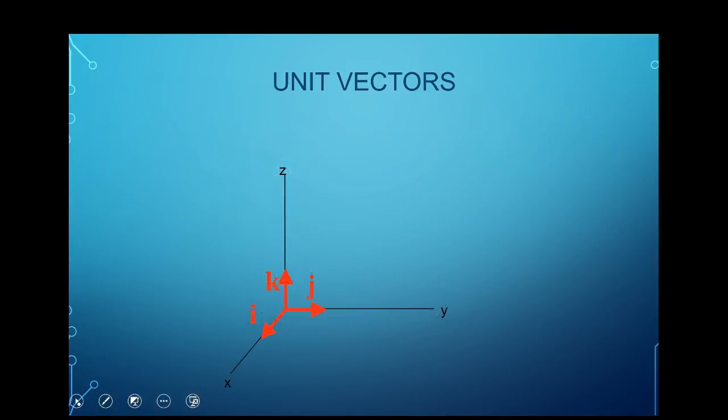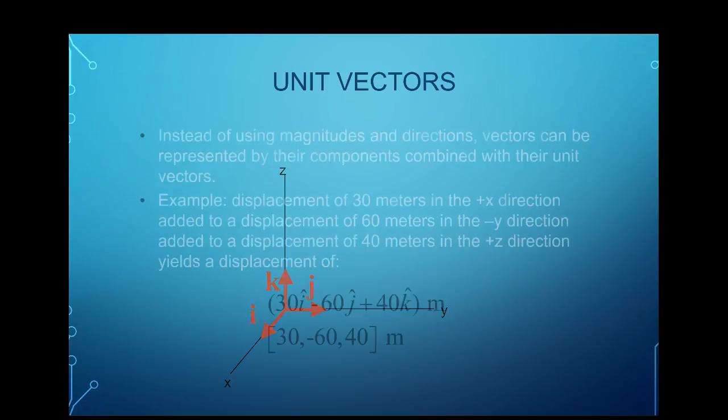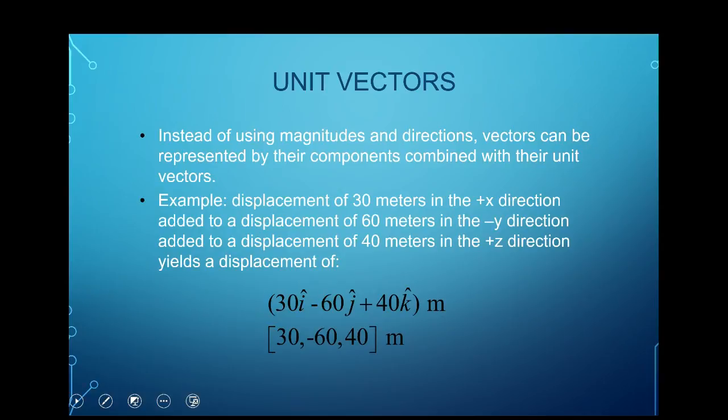And so there they are. There's i hat, j hat, and k hat, which all have a length of 1, and they go in their respective directions. And so what we can do is we can use, instead of magnitude and direction, unit vectors.